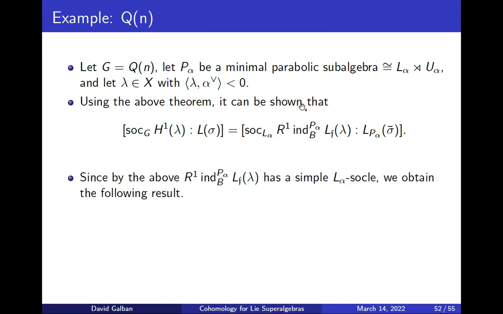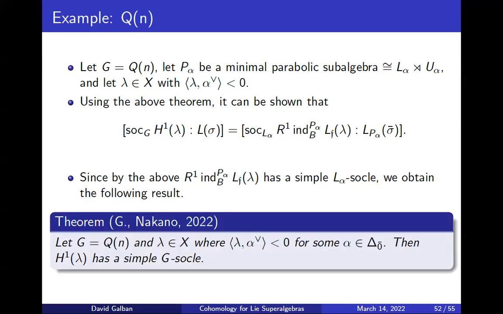By the above, these modules, the R1 of induction from B to P_alpha of L_alpha of lambda, have simple L_alpha socle. And so this leads to the following result for all Q(n): suppose lambda paired with alpha check is less than 0 for some alpha, then H1 of lambda has a simple G socle.